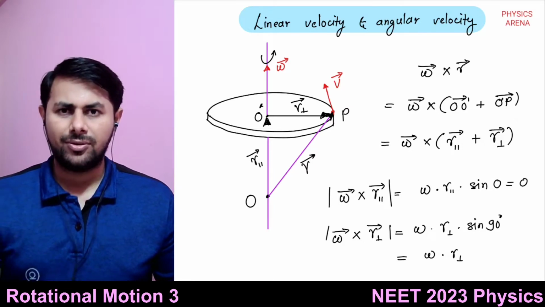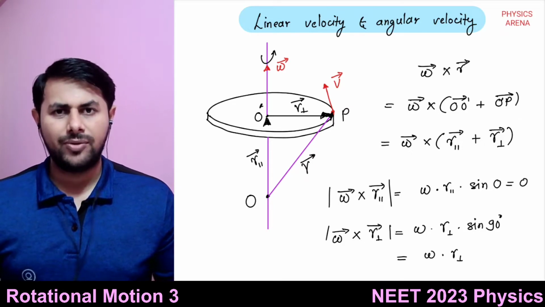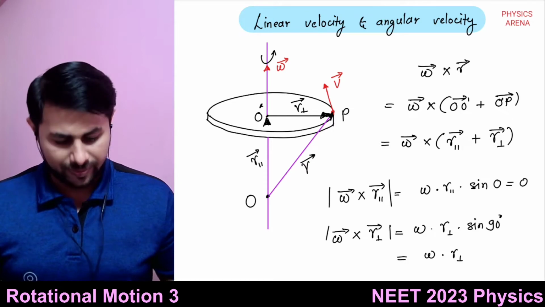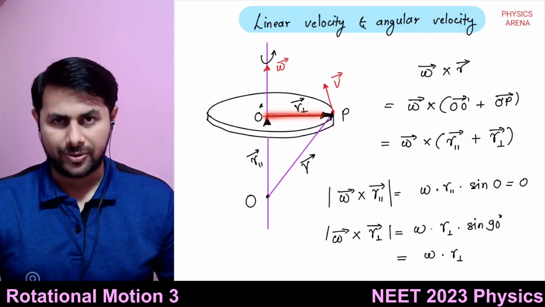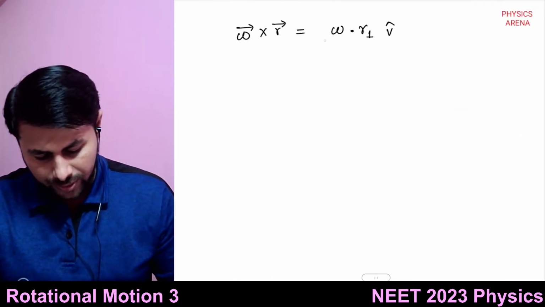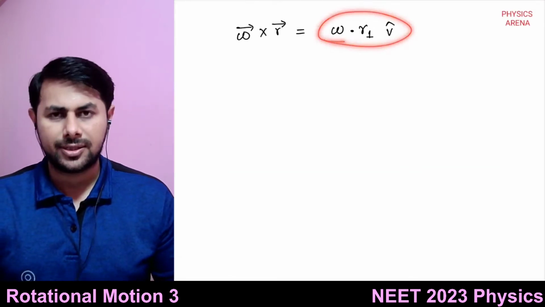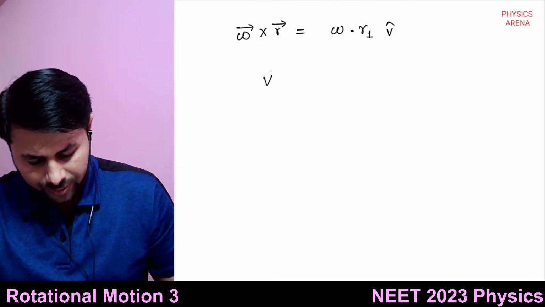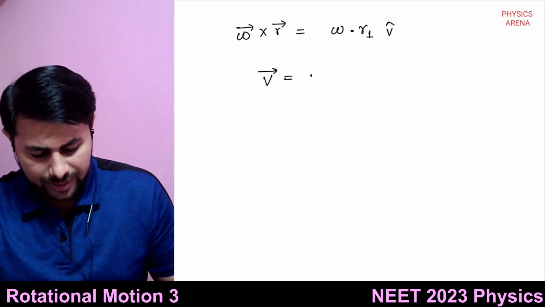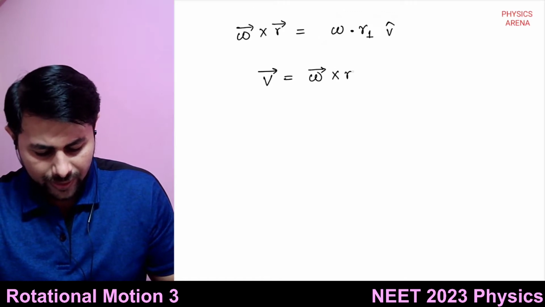Linear speed is equal to radius multiplied by angular speed. We have studied this in circular motion, right? So here the radius is this R perpendicular. So this thing is equal to V bar. So V bar is equal to omega bar cross R bar.